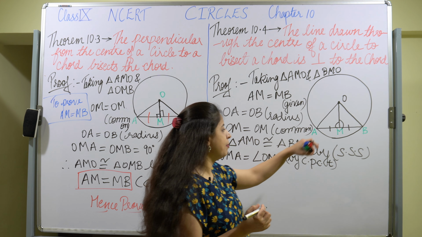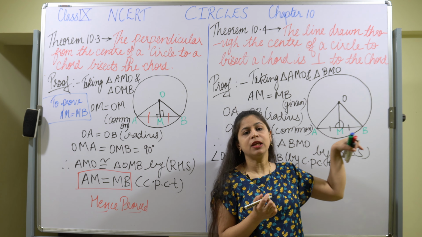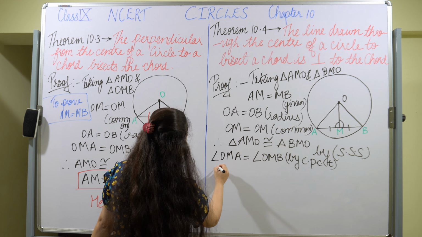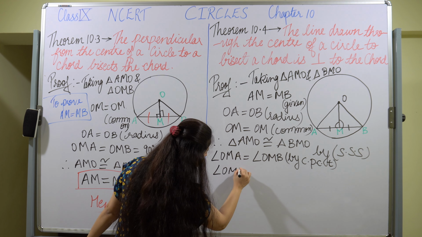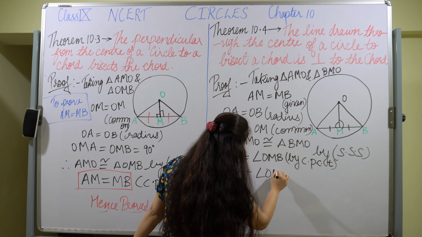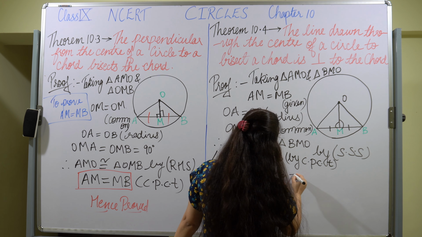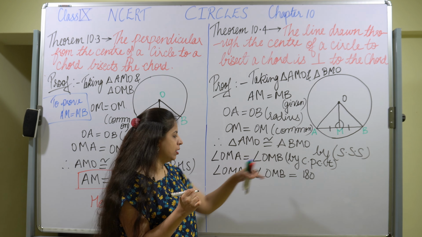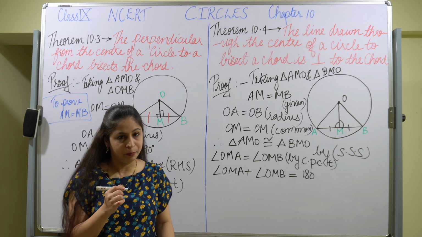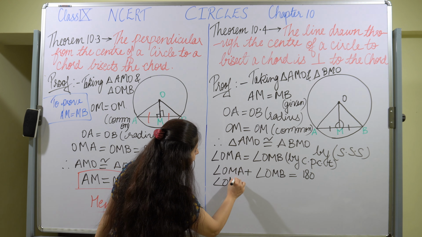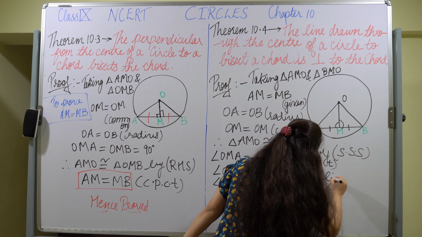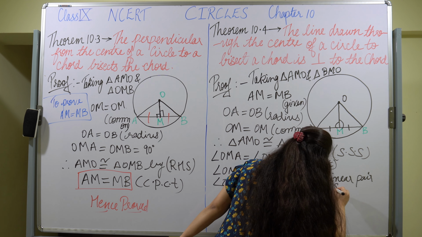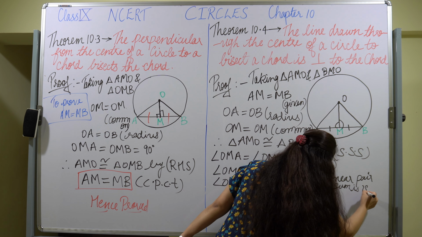Now the angles are making a linear pair. When they are making a linear pair, the sum of both angles should be equal to 180 degrees. So angle OMA plus angle OMB will be equal to 180 degrees. Here we can write the reason, linear pair sum is 180.